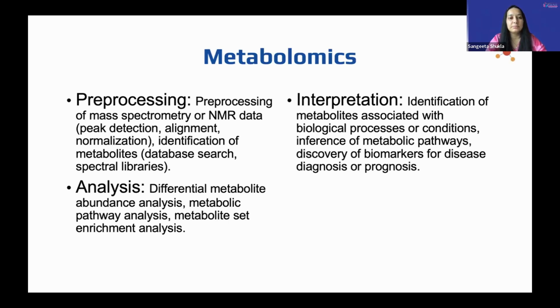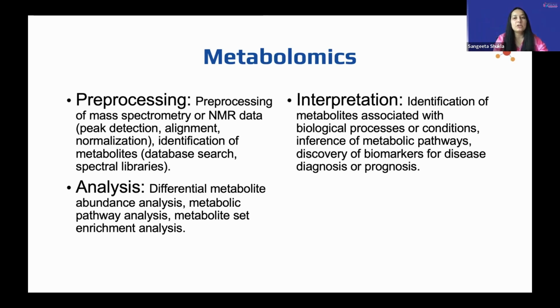And based on that metabolite and the abundance of that metabolite in the sample, we can essentially identify and associate these metabolites and their abundance with the biological processes or conditions, and find inferences of the metabolic pathways, where we can see what kind of changes we have seen from the genomic level to the transcriptomics level to the proteomic level, and then finally understanding how the entire metabolic pathway works.